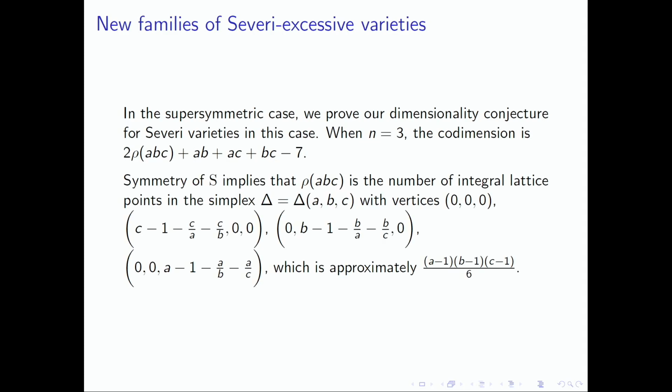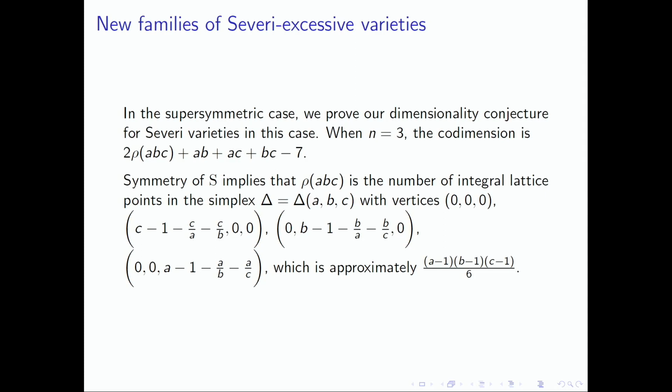And you can relate this number rho of abc to a lattice point count. So more precisely, what is it? It actually is just the number of integral lattice points in a simplex. And why is it this particular simplex?